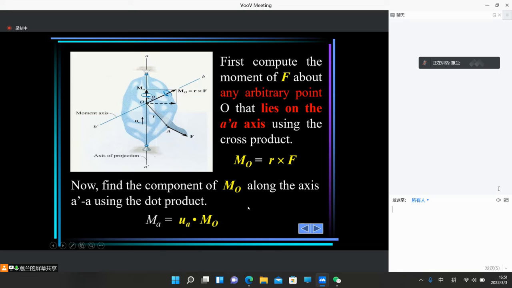After we calculate that, we find the component, the projection, of this vector. The moment of force F about point O is actually a vector. We find the component of the vector along the axis using the dot product. That is, we use the unit vector dot the vector. We can find its projection, or its component, along AA prime.